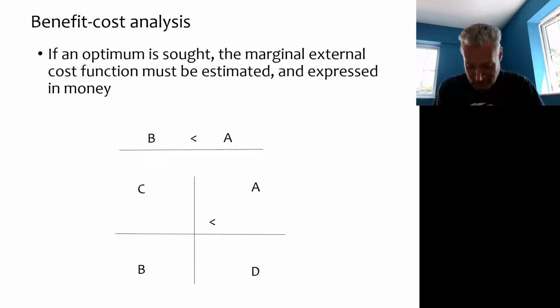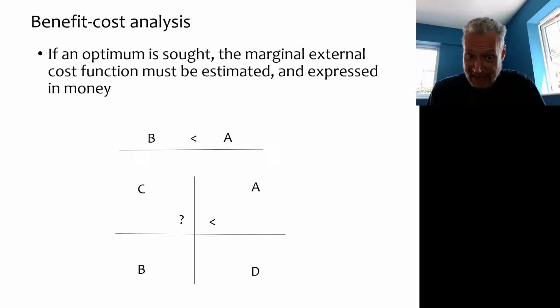But now if you want to compare C to D, you have a problem, because C scores better in one dimension, it's higher vertically, but it scores worse in the other dimension that we think about. It's to the left of D. It scores worse in the horizontal dimension.